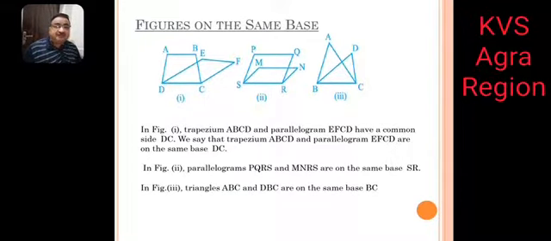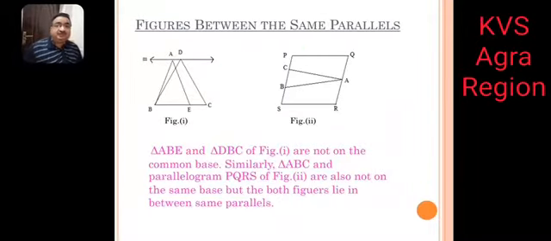In figure 2, parallelograms PQRS and MNRS are on the same base SR. And in figure 3, triangles ABC and DBC are on the same base BC.